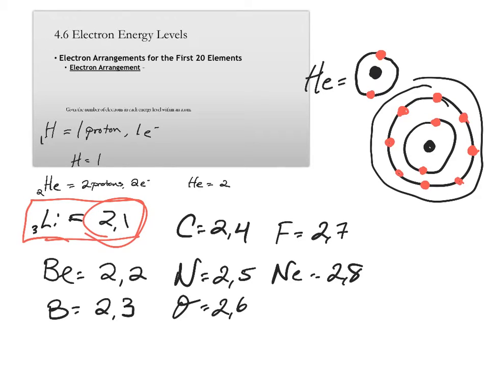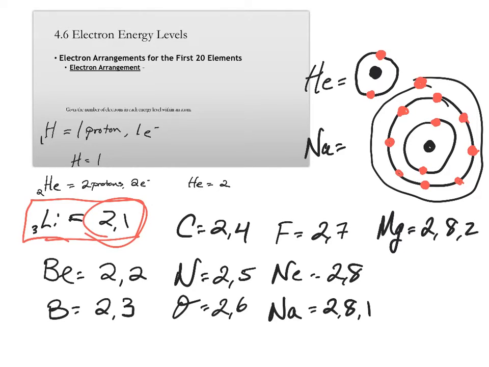And we have sodium. So sodium would have 2, 8, and 1. So now I'm going to put 1 electron there. And then we've got magnesium, 2, 8, 2, so on and so forth, until you get to argon, which is 2, 8, and 8.